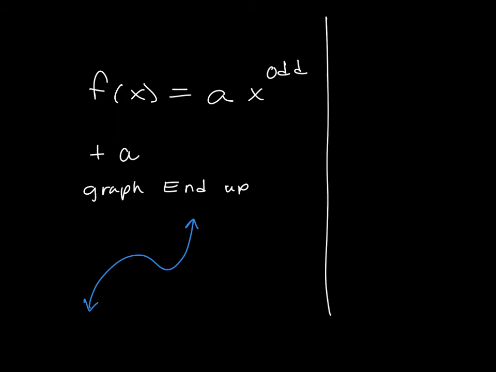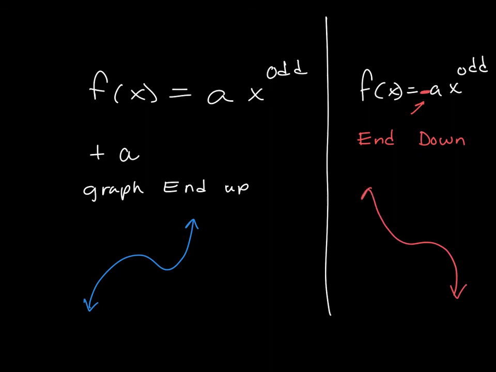If f of x had a negative a and x was odd, it does the same exact thing. It means, again, there's a negative in front of that. That means the graph is going to end going down with however many turns inside here.